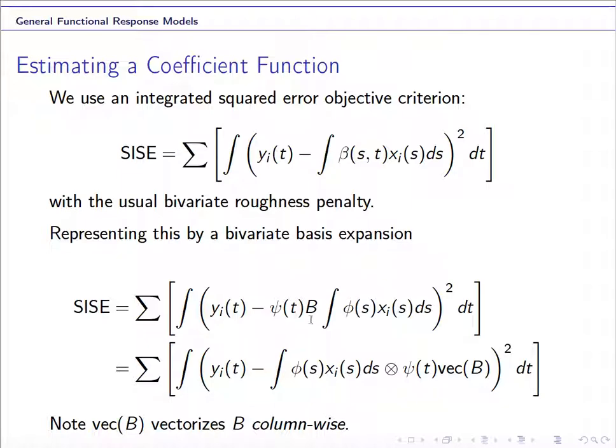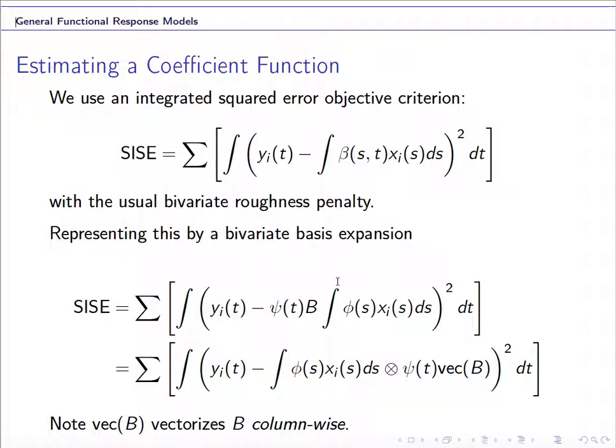You can also take the basis matrix B outside the integral as well. So the inside will be just phi(s) times X(s) ds. Both phi(s) and X(s) are known, the basis function and the functional covariates, so you are able to obtain this integral numerically.